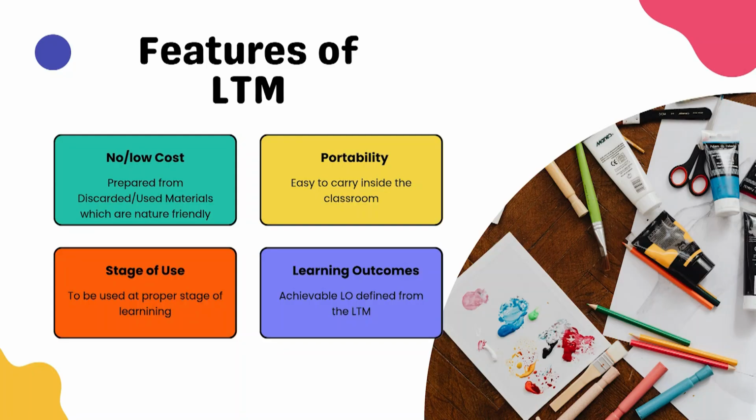Hence, the portability or mobility of teaching learning material should be considered before making them. The LTMs that can be neatly packed inside a small box or carried inside the classroom with pride are the most easily used LTMs.